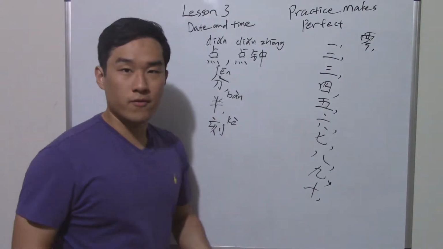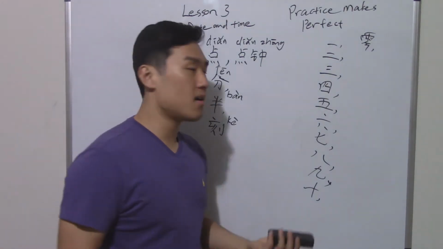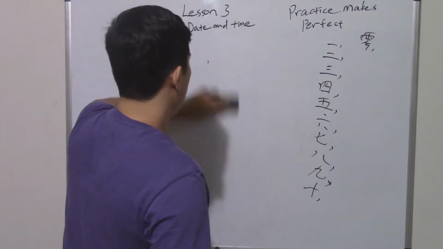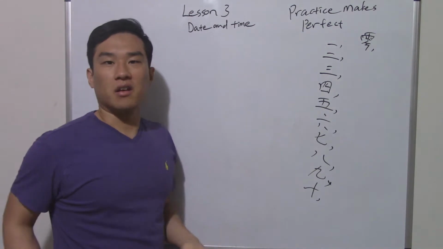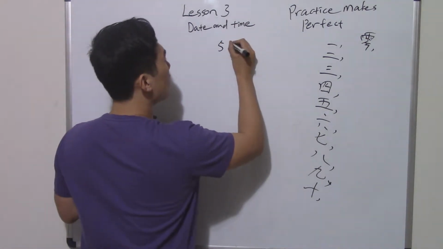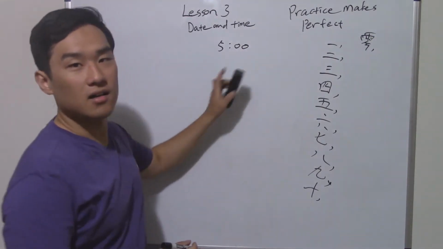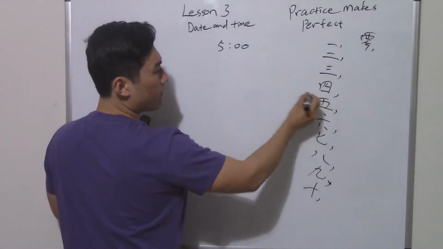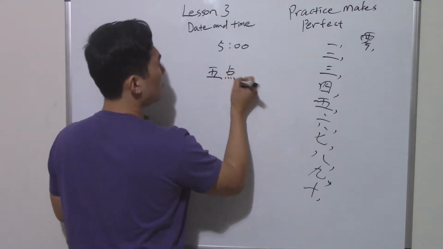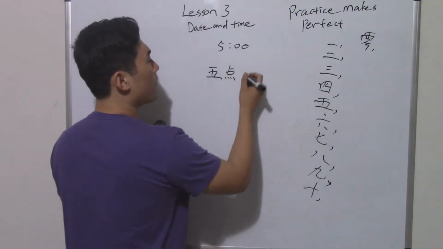Or if you want to talk about AM, PM, we can also do that, but let's talk about time first. So let's write some examples. How about 5 o'clock? How do you write that? You can simply write the number 5 right here, 5点, or obviously you can also write 5点钟.